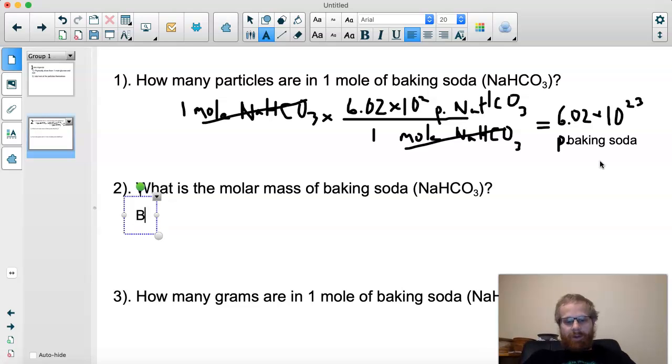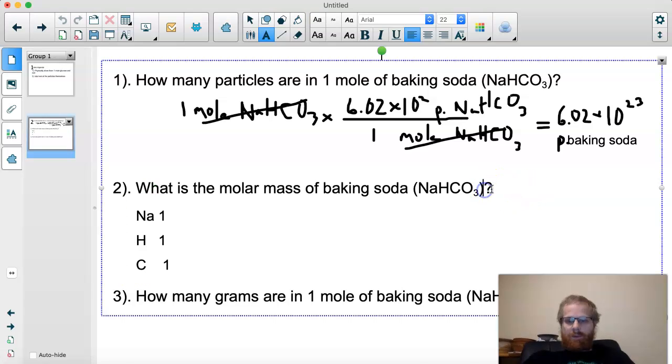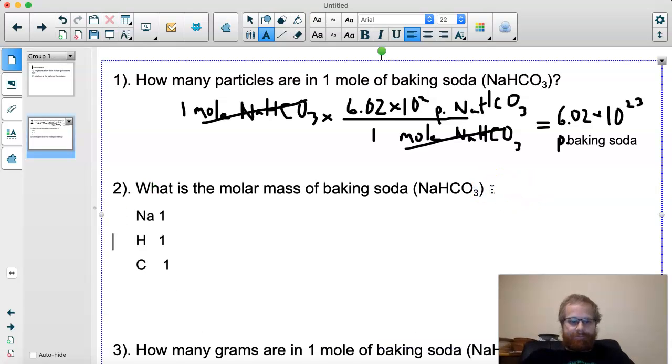All right, time to see if you're right. So we've got 1 atom of sodium, 1 atom of hydrogen, 1 atom of carbon, and 3 atoms of oxygen. Cool.